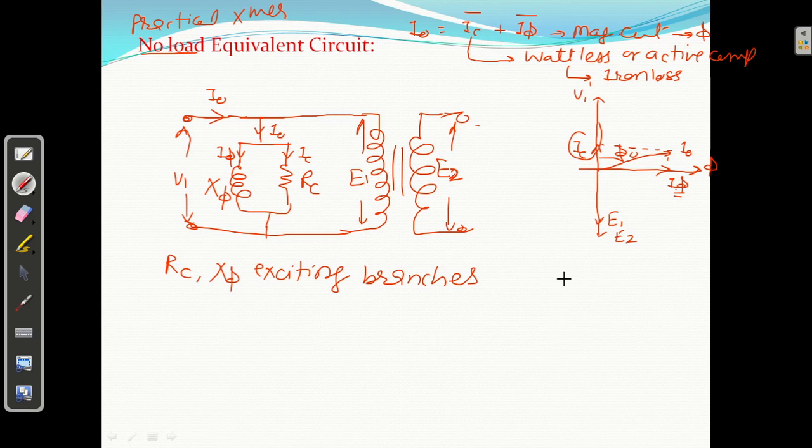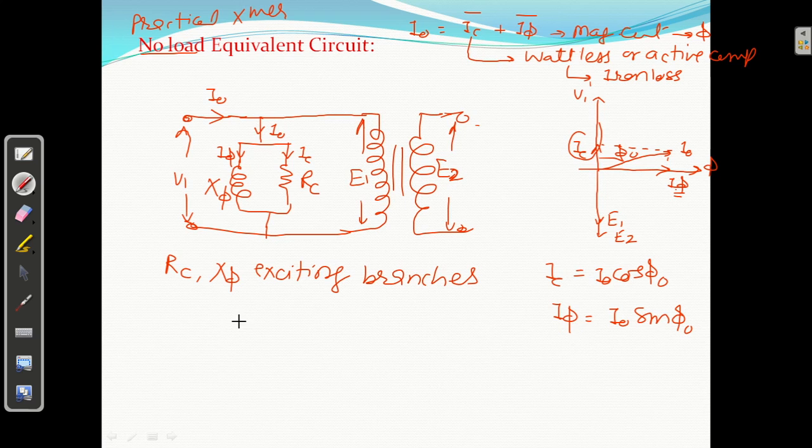Now if you see the diagram, IC equals I0 cos phi 0 if I0 and phi 0 are known, and I phi equals I0 sin phi 0, the reactive component of current. In this way you can find IC and I phi.